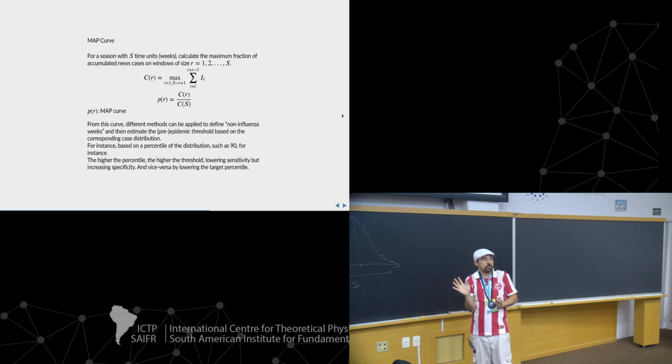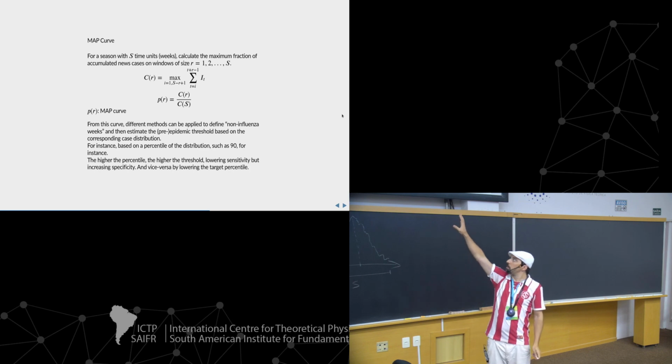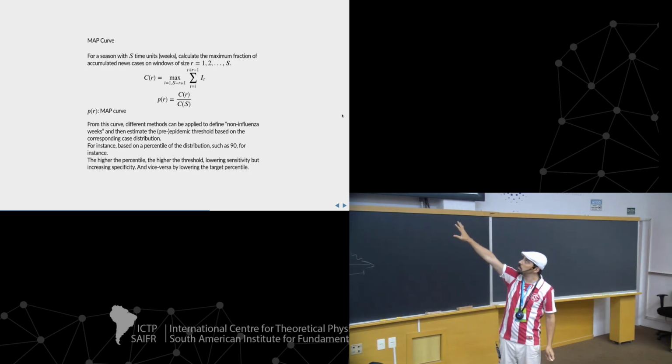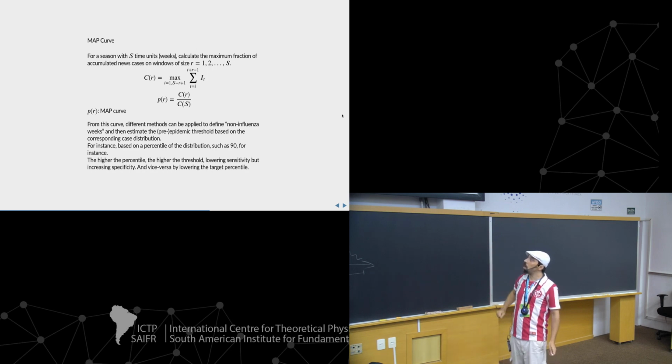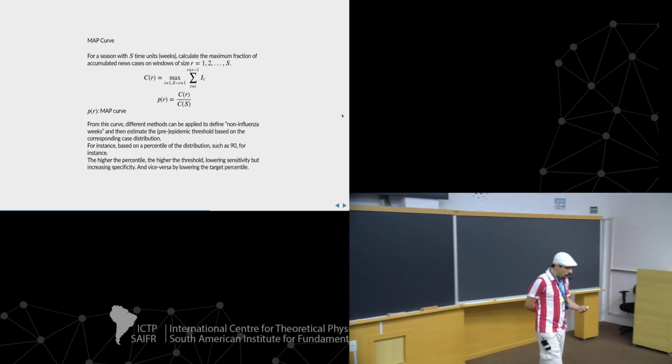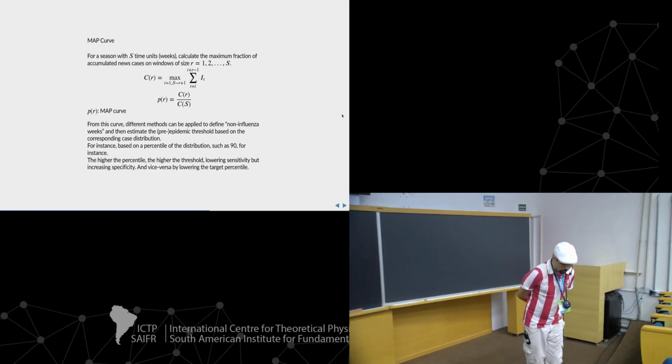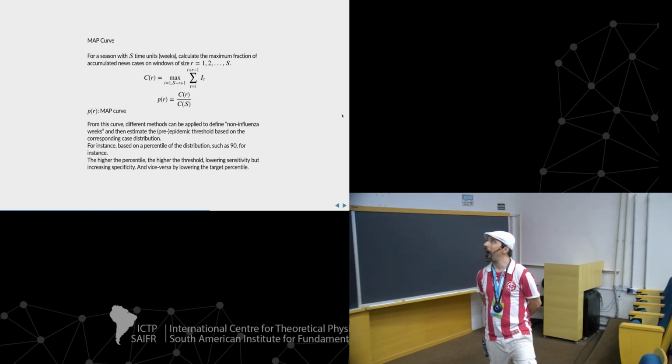Right? Now, with that idea in mind, looking at the definition and the construction of that particular function, can I already have information on the behavior of that curve?